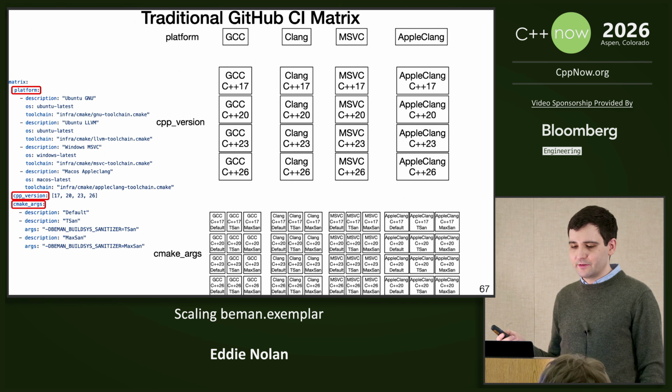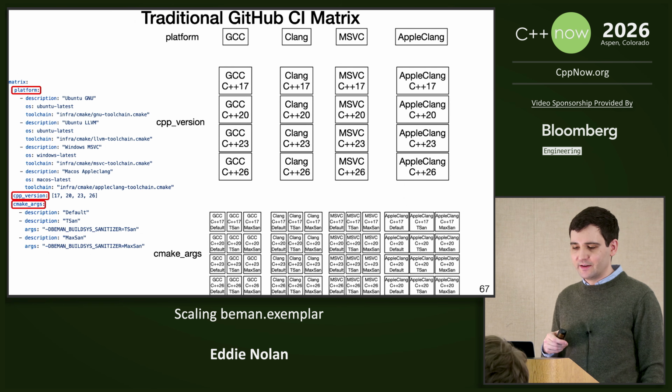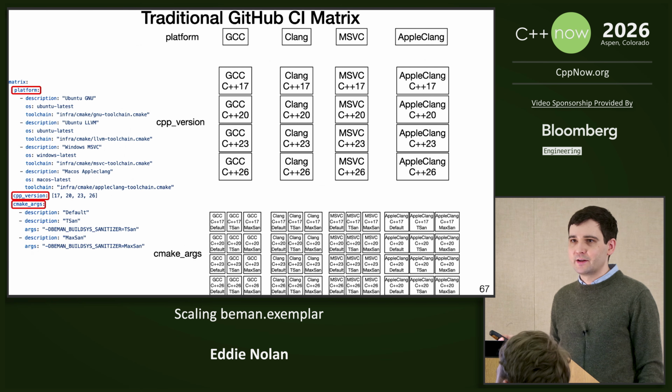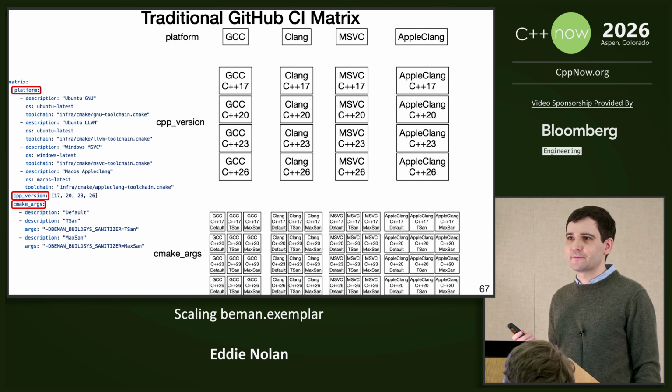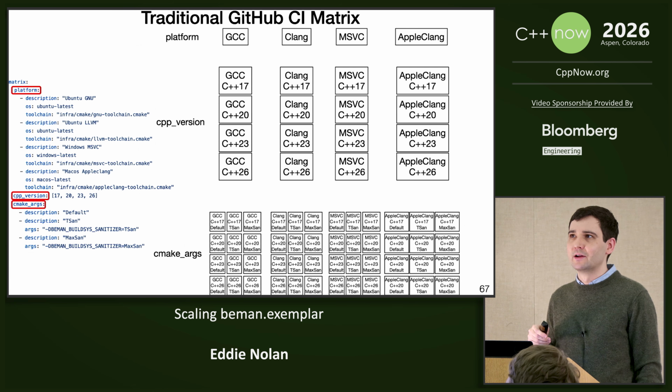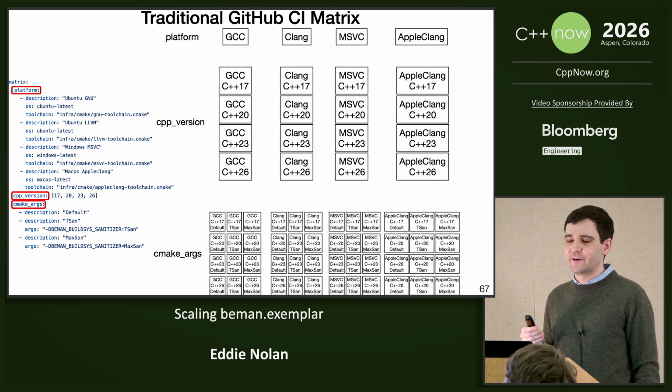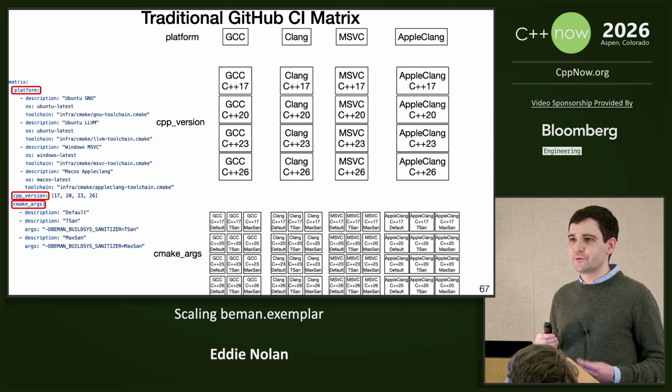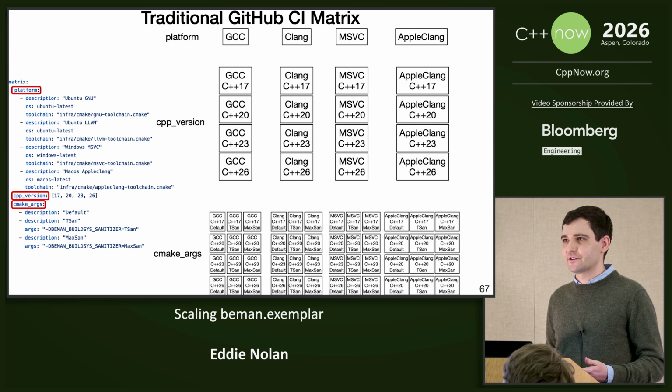And the configurations here, we essentially have a non-sanitizer configuration, we have a thread sanitizer configuration, and then we have what we call a max san configuration. What that's motivated by is essentially that thread sanitizer is not mutually compatible with address sanitizer, but address sanitizer is compatible with undefined behavior sanitizer, leak sanitizer, all the rest of the sanitizers. So we do essentially 2 types of sanitizer build, which are thread sanitizer and everything else.